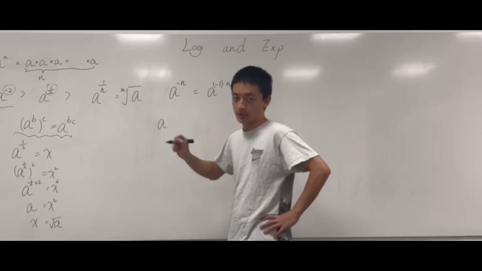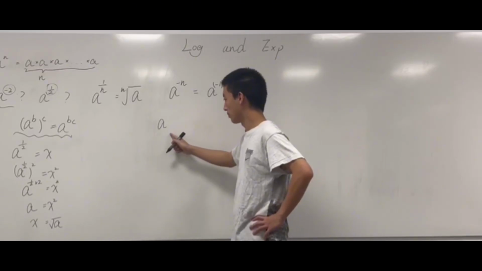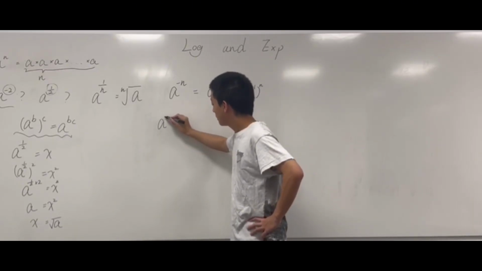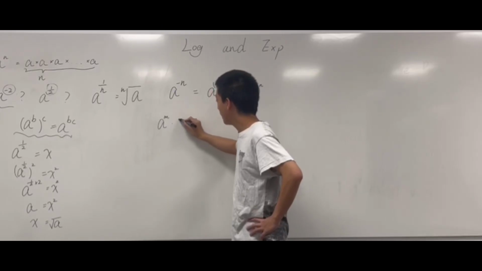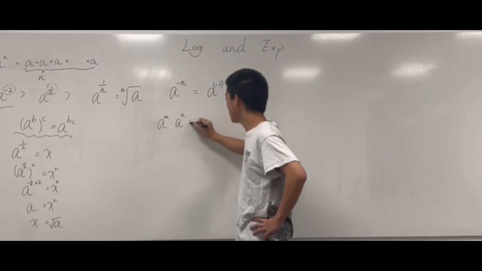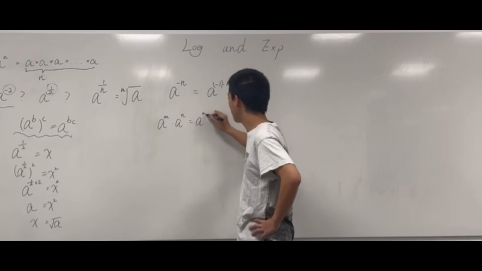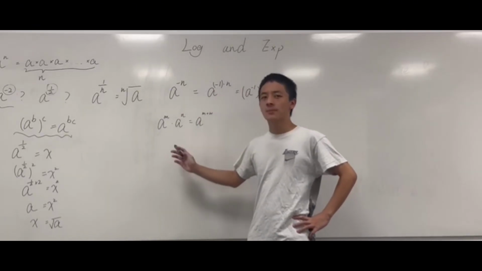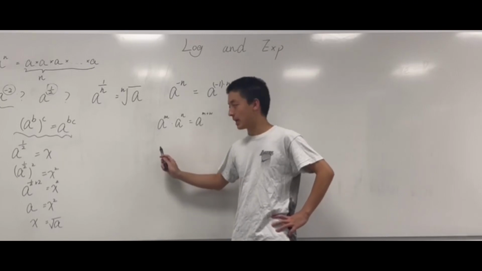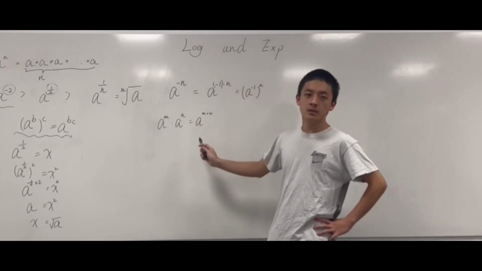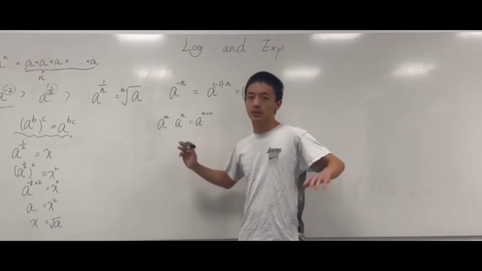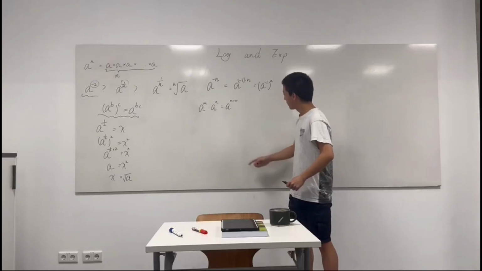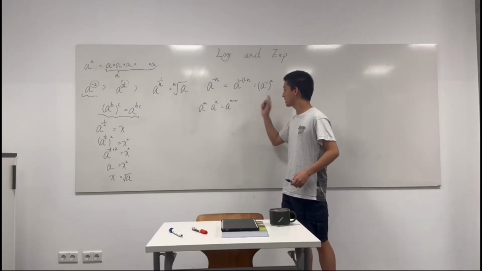I have to make sure that you also know this formula, that a to the power of m times a to the power of n is equal to a to the power of m plus n. a to the power of m is m amount of a multiplied together. a to the power of n is n amount of a multiplied together. Therefore we have a to the power of m plus n.